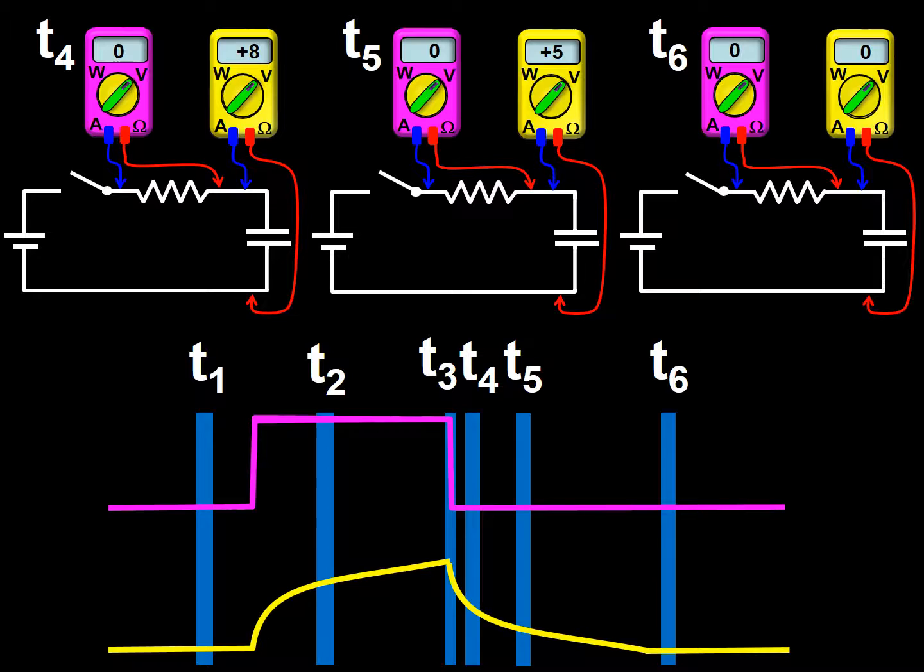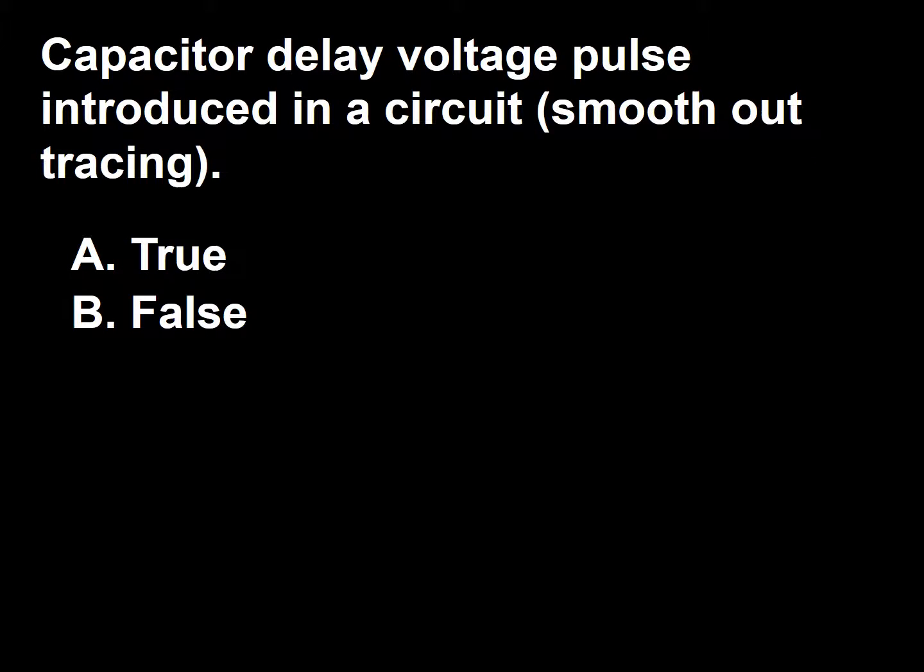This attribute, that is the ability to smooth changes in voltage, is used coupled with diodes to transform alternating current into direct current. So the answer to this question is true.